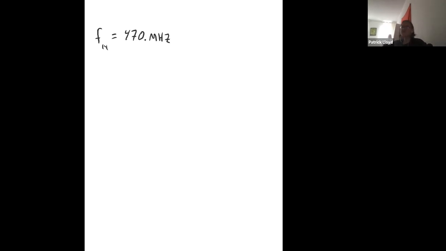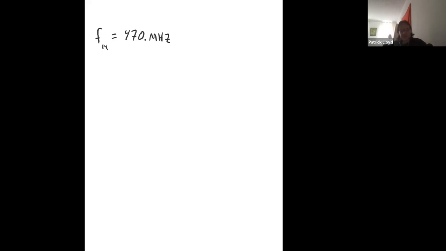AM radio is 540 kilohertz to 1,600 kilohertz. If you hear 100.3 or 97.3, that's megahertz. That's FM. FM is in megahertz. So that's 97 million hertz, okay? TV is higher frequency because you need more information.